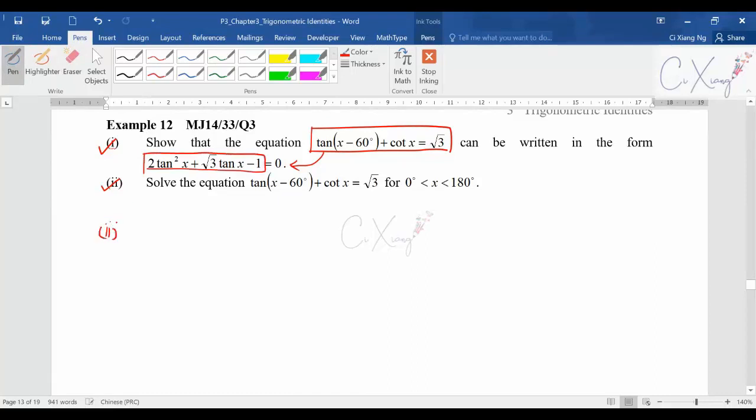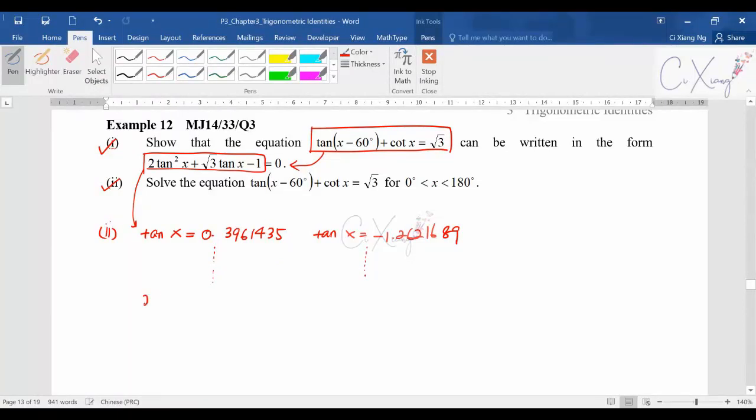If you press the calculator, your tangent x should equal 2 values here. One is 0.3961435. Another one is tangent x equals negative 1.2621689. Then you continue to get the basic angle and solve for everything.